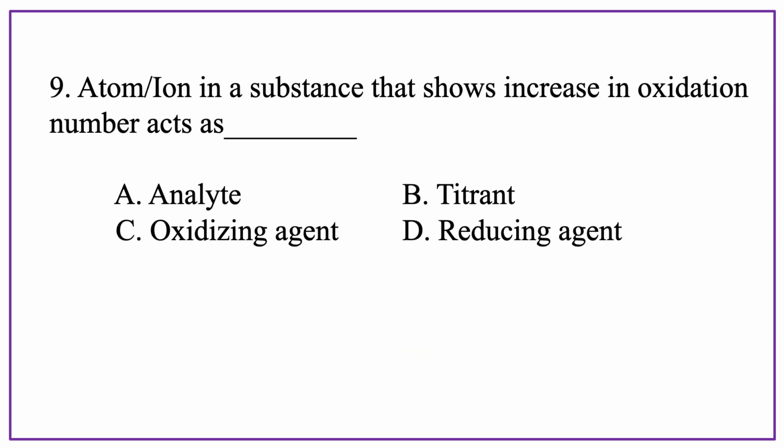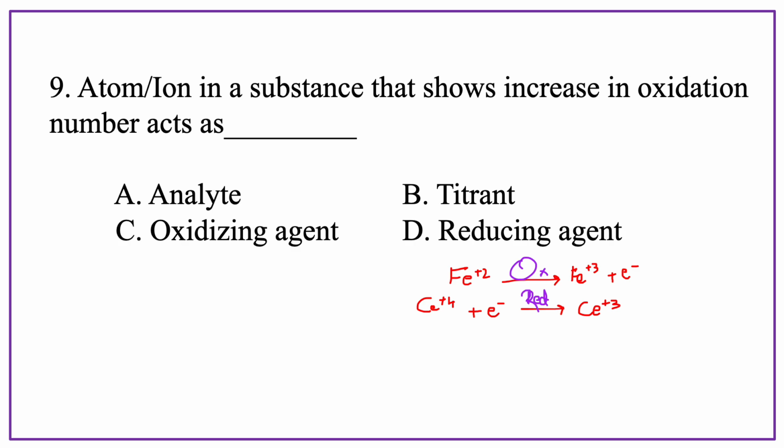Next question. Atom or ion in a substance that shows increase in oxidation number acts as analyte, titrant, oxidizing agent, or reducing agent. Now, when we define the oxidation and reduction terms, we understand this by a titration or a reaction between, say, FeSO4 with KMnO4, or cerium sulfate.